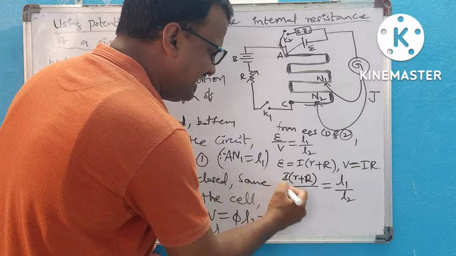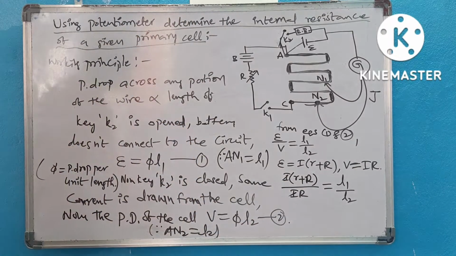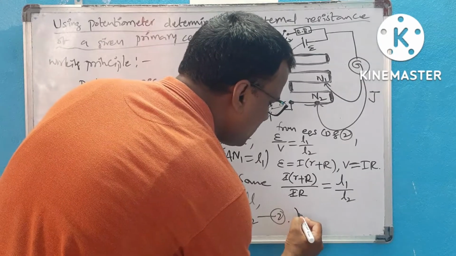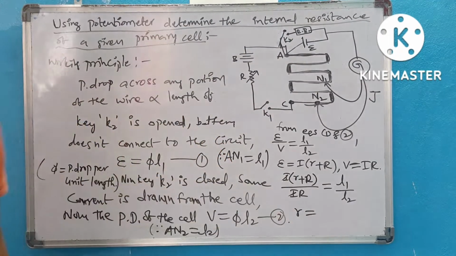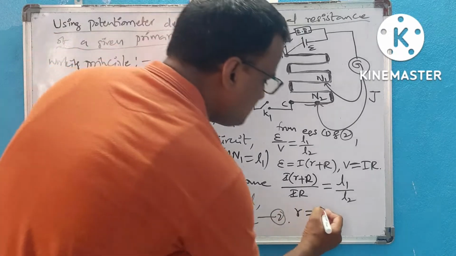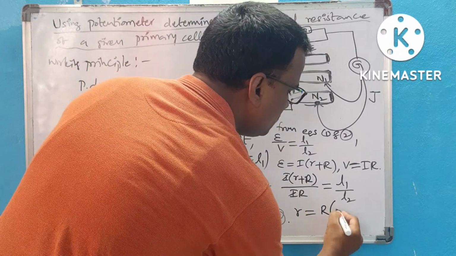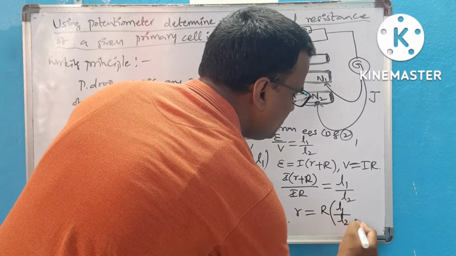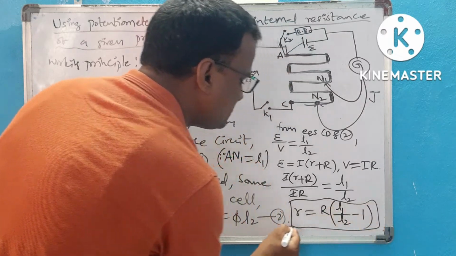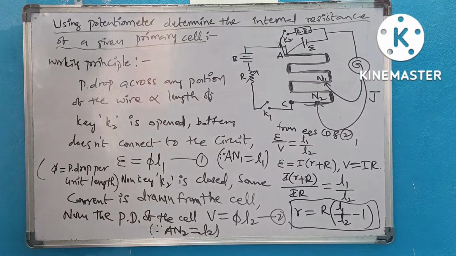Here I cancels. If we simplify this equation, finally we get small r equal to capital R into L1 by L2 minus 1.